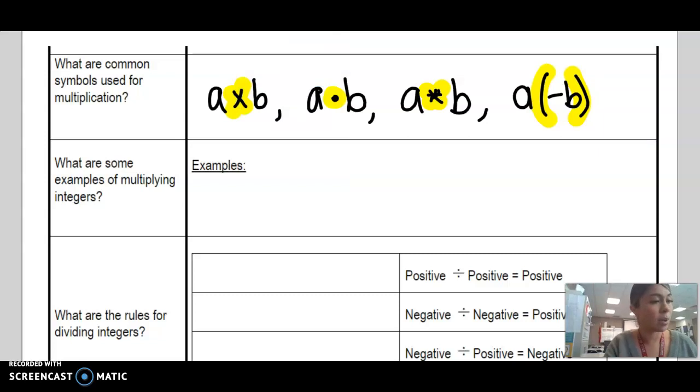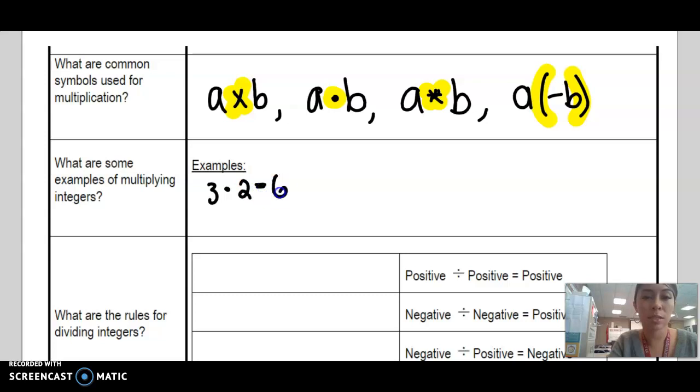So let's kind of talk about a few examples of multiplying integers. So 3, a positive 3 multiplied to a 2, that is going to be 6. Another example would be negative 3. I'm going to use parentheses for this one. 2. That also means multiplication. So a negative 3 multiplied to a negative 2, that's going to be 6.